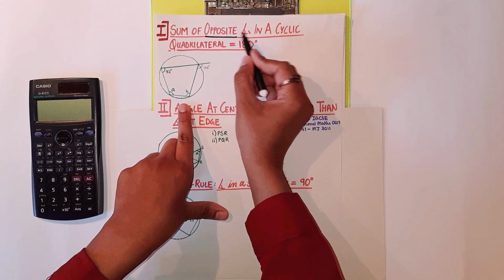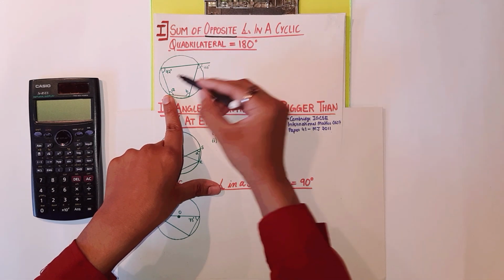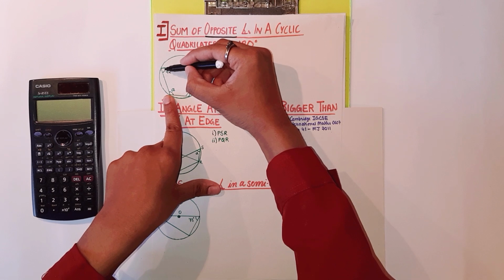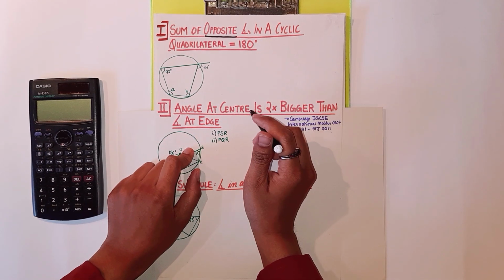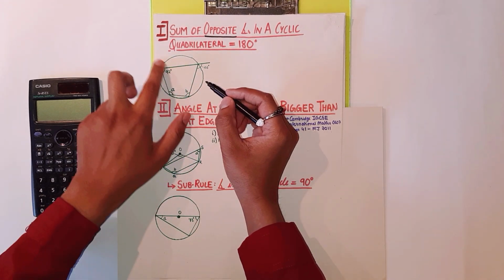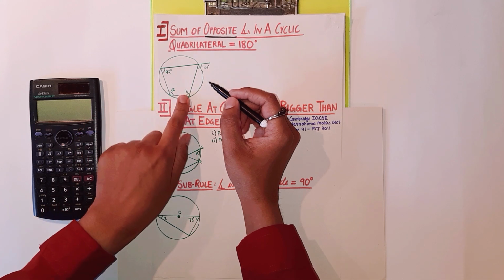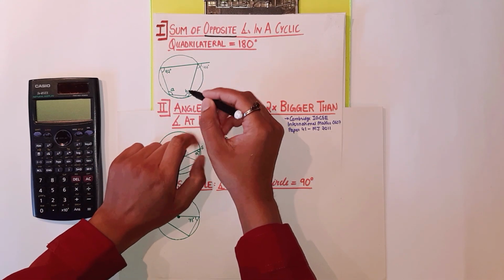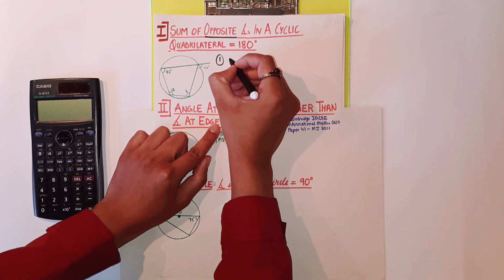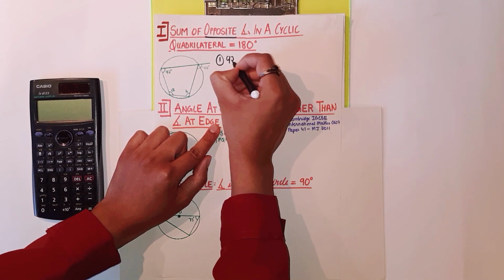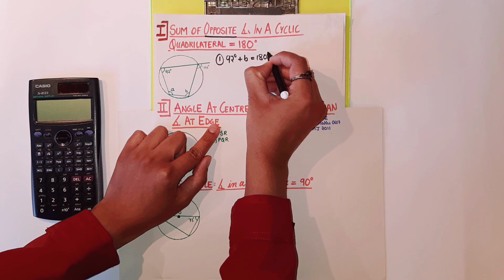And what are opposite angles? In this case, it is this angle and this angle. So this is one pair of opposite angles, and 92 degrees and B, that makes another pair of opposite angles. Because in this pair we already know one of the values, which is 92 degrees, let's get started by finding out B. So the first step, using this rule, we can say that 92 degrees plus B is equal to 180 degrees.